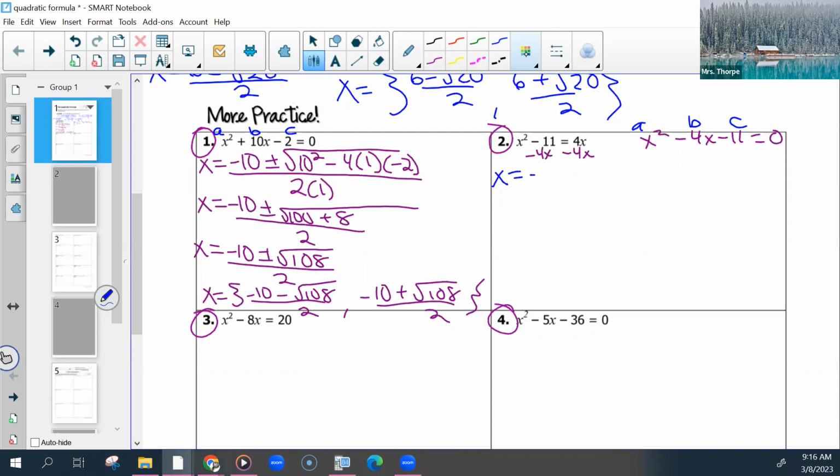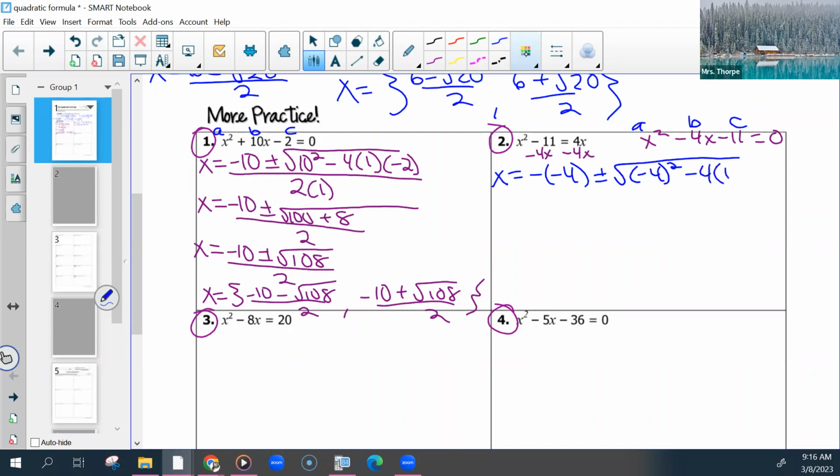X equals negative b, but it was already negative, so make sure you have both, that way we can change it, because it wasn't equal to 0. Plus or minus the square root of b squared, so I would put that in parentheses.